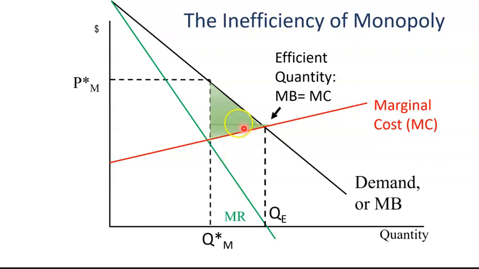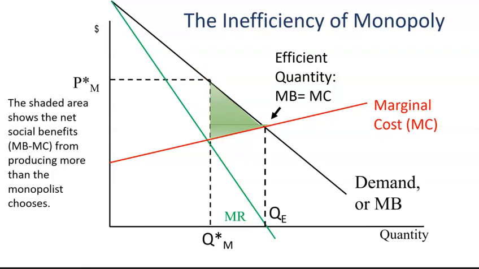And so the monopolist chose not to do that because it was interested only in its own profits. So the area that I've shaded in green shows that loss of social benefits that we could have had, or net benefits.